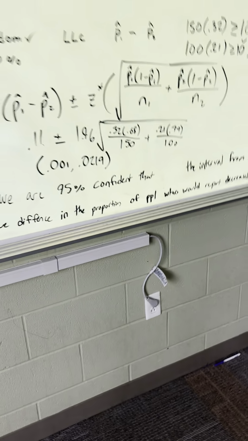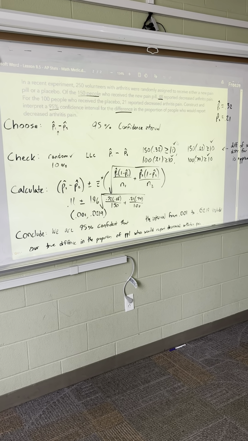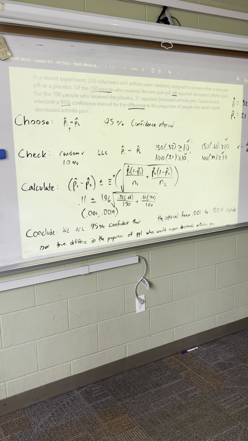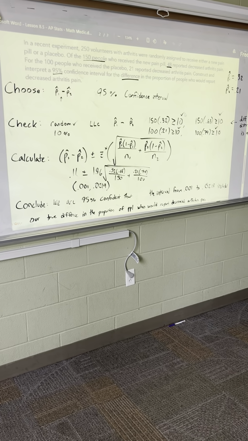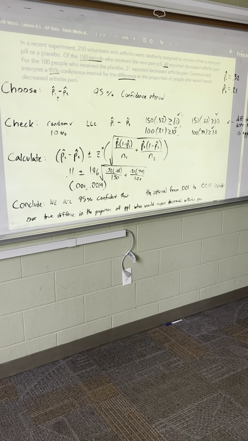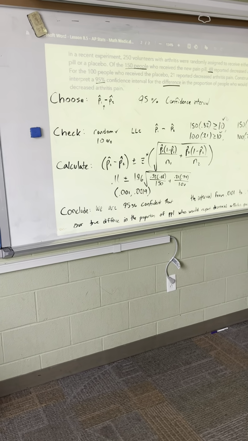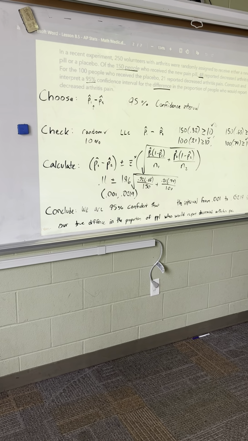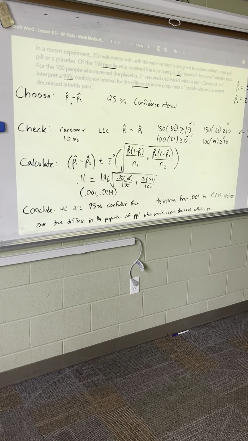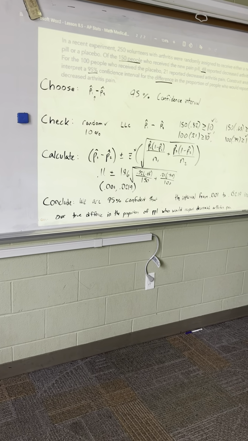Now, I'm zooming out just a little bit so we could see this whole thing. This is an example that we could very well see on the AP test, where we need to use our 4 C's: choose, check, calculate, and conclude. And making sure that our conclusion is very straightforward. We have to say that we are 95% confident that from our confidence interval, it contains the true proportion.